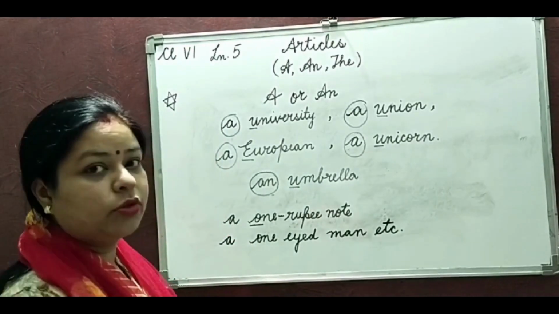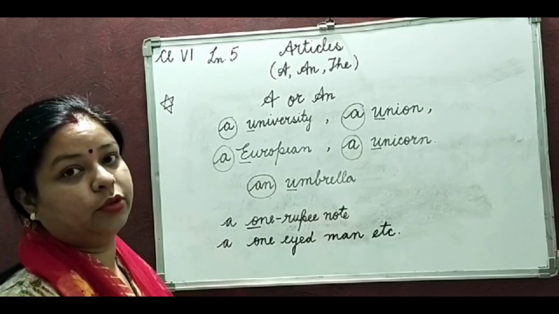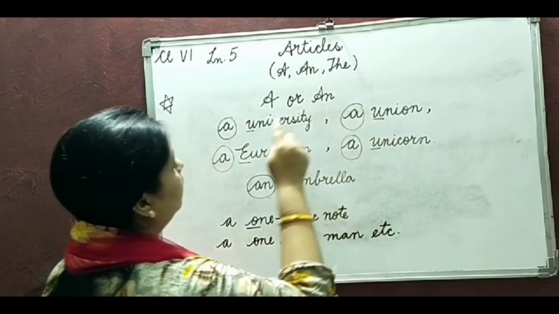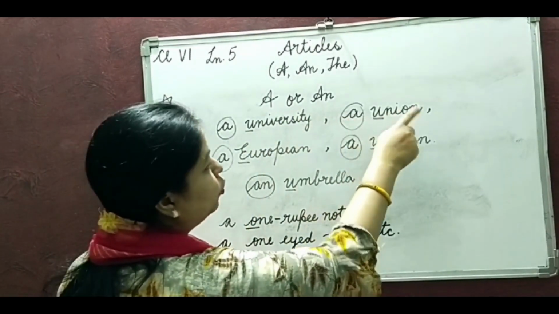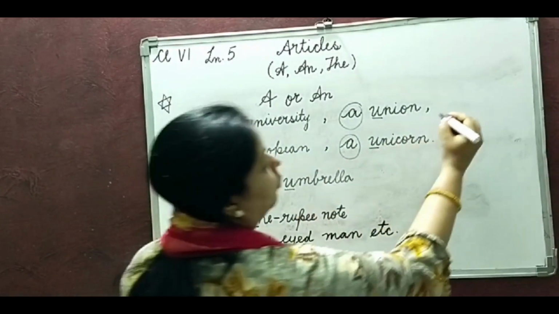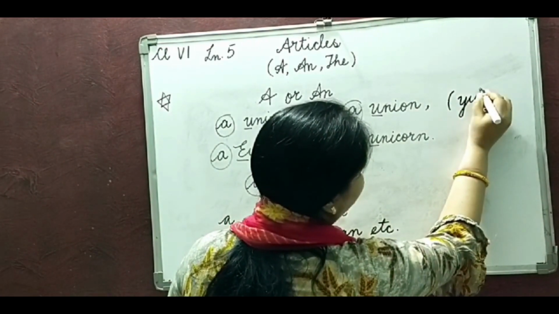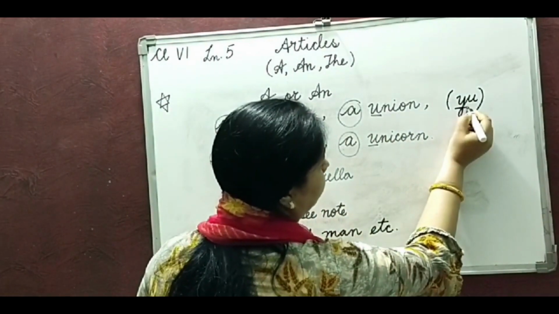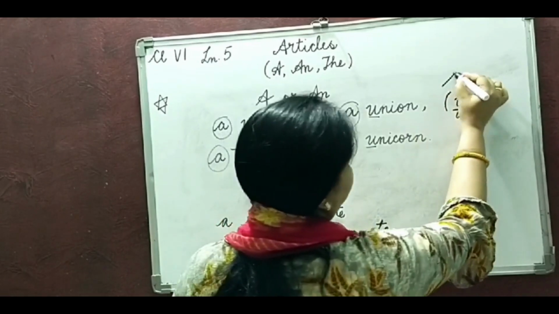While pronouncing them, let us see: a university, a university. In all these words, university, unicorn, European, which sound are we stressing? Y and U. This is why the YU sound makes the difference.